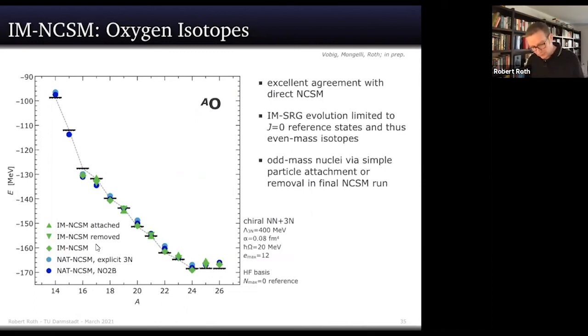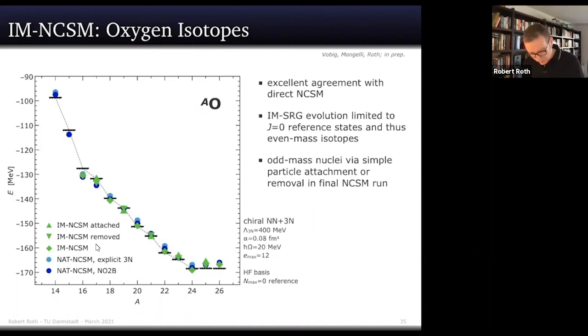Typically, the green points lie a little bit below the blue points, which means there's an additional bit of overbinding that you get from this extra NO2B approximation during the flow. But this is always something like a 1 to 2% effect. So these methods, as a rule of thumb, have a 1 to 2% accuracy for a given Hamiltonian to get you to the exact ground state energy.